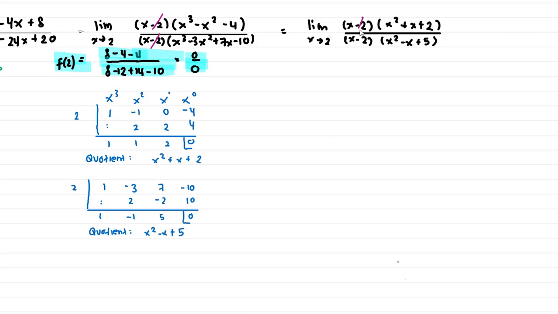Now you can also cross out the x minus 2, and let's try to put x equals 2 again. Here the value will be 4 plus 2 plus 2 divided by 4 minus 2 plus 5. So the result of the limit will be 8 over 7. This is the end result, and you can see the limit value of x approaching 2 of this function will be 8 over 7.